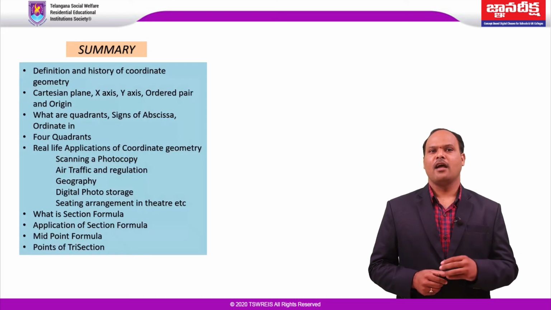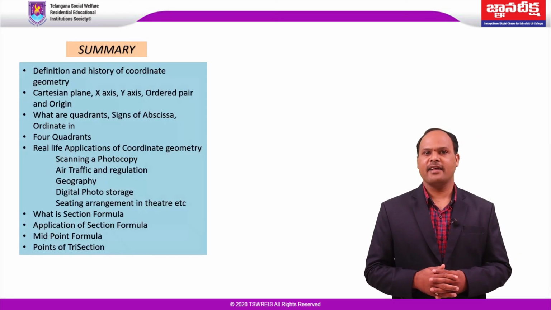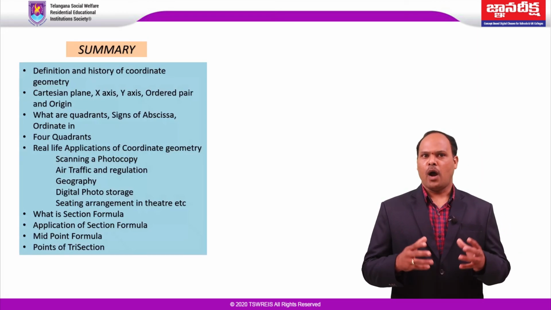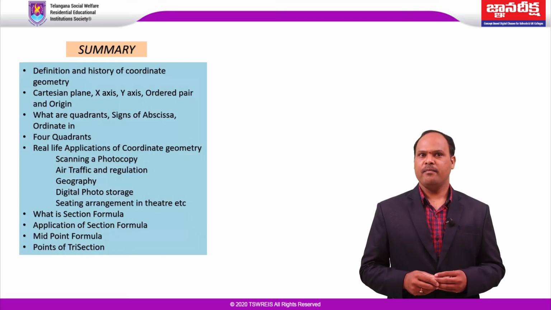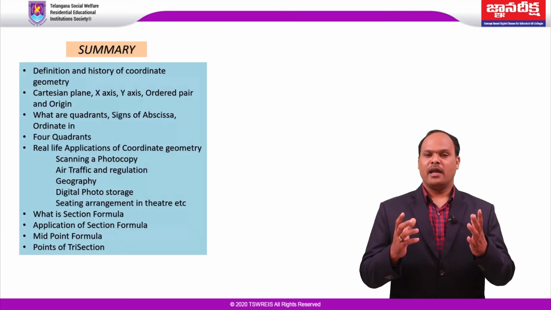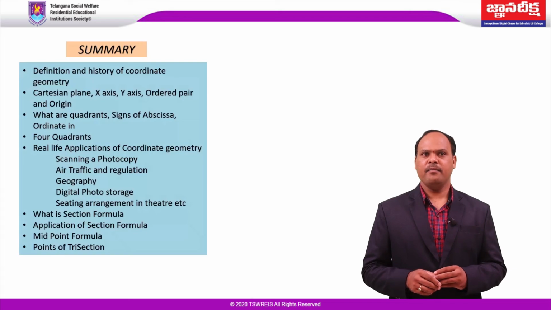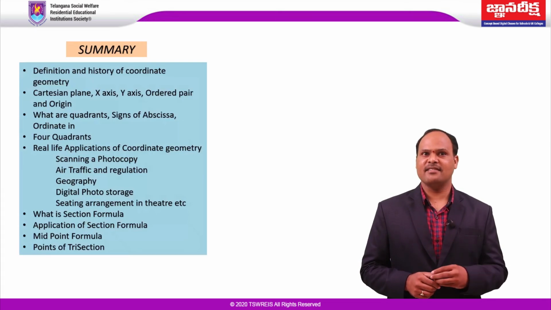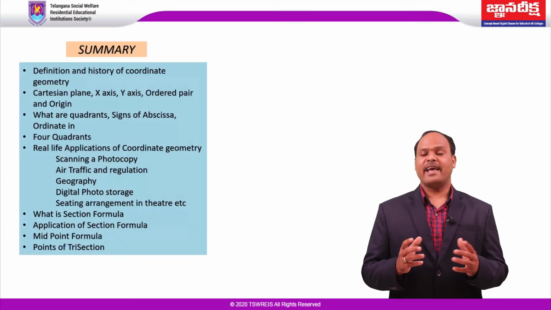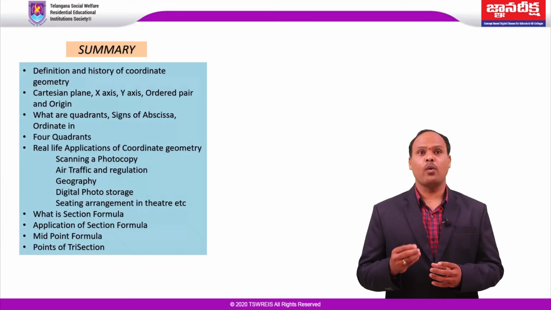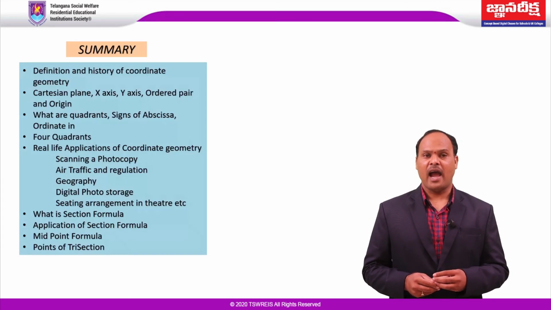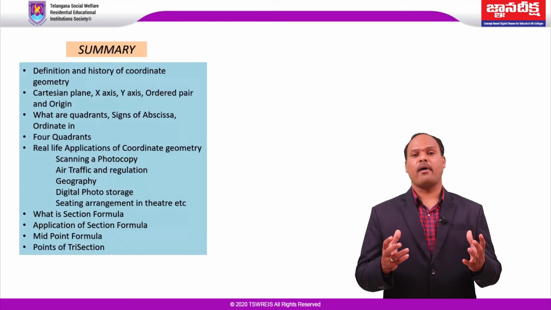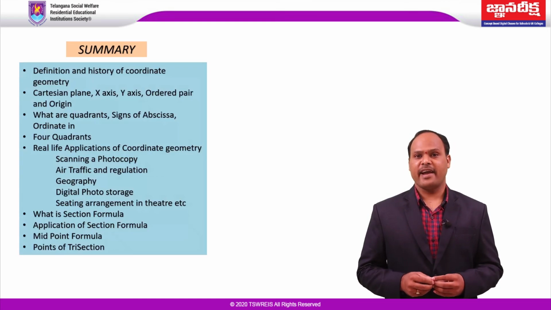We discussed the history of René Descartes and how to locate a point on the Cartesian plane, how we can represent a point on the Cartesian plane, what the coordinates of the origin are, and that the x-axis and y-axis divide the plane into quadrants, how many quadrants, and in each quadrant which type of points have which signs.